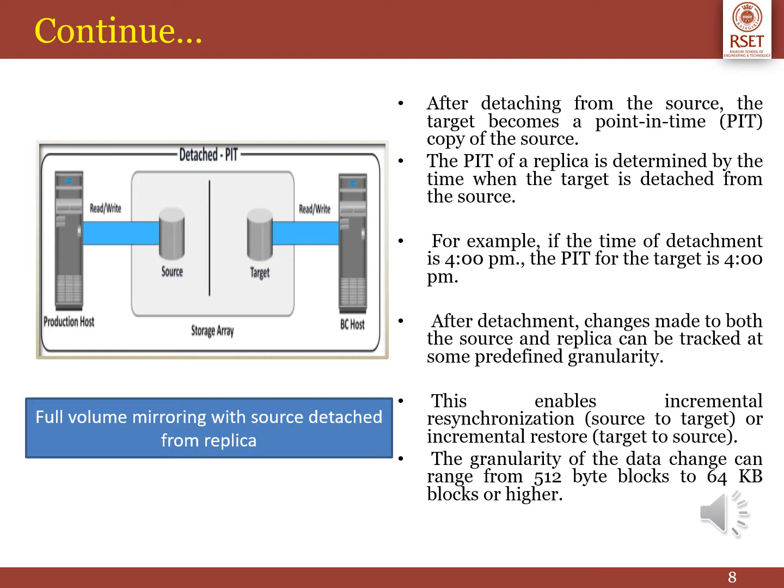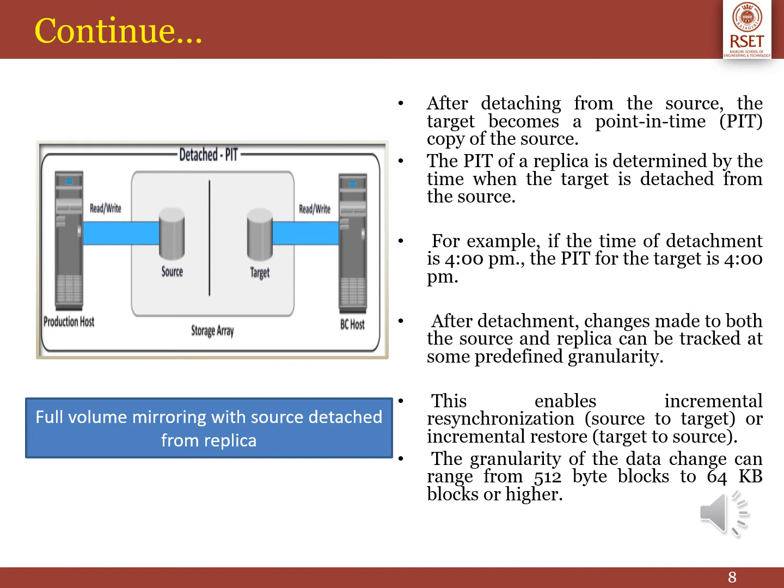After synchronization is completed, the target can be detached from the source and it is made available for business continuity operations. The figure shows full volume mirroring when the target is detached from the source. In this case, both the source and target can be accessed for read and write operations by the production host.